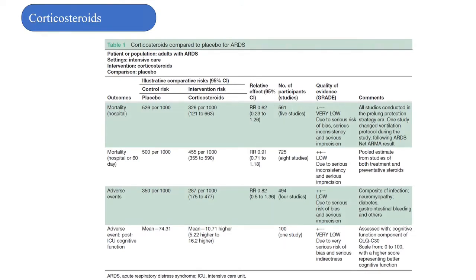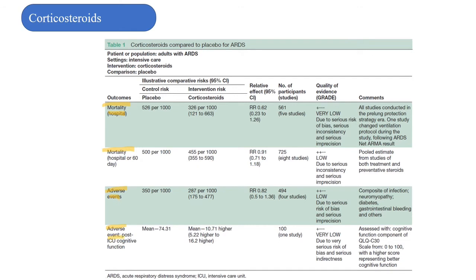To use this concept in the use of corticosteroids, here are the outcomes. The outcome here is the mortality, the in-hospital mortality. Here it is the hospital or 60-day mortality, and here the outcome is the occurrence of adverse events with the use of corticosteroids, and here the adverse event is post-ICU cognitive function.